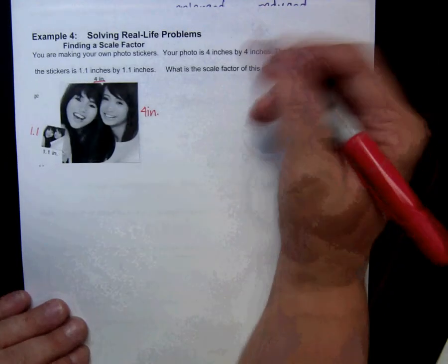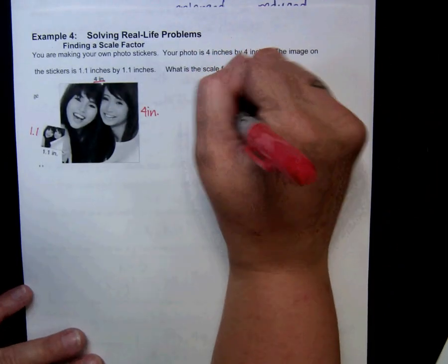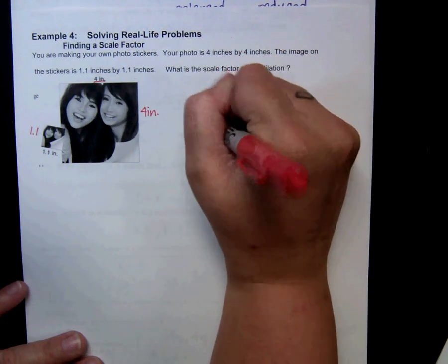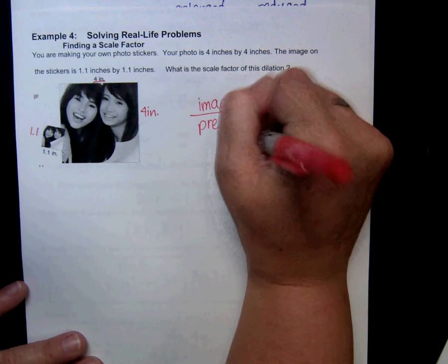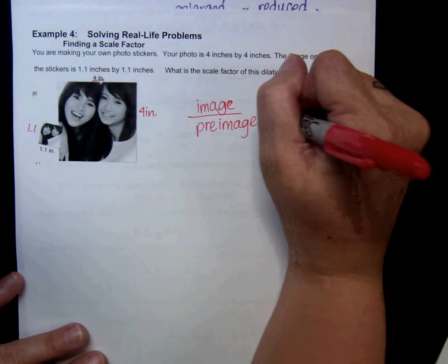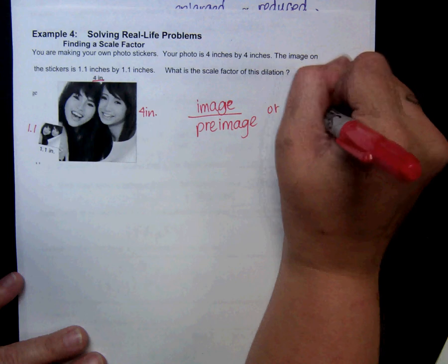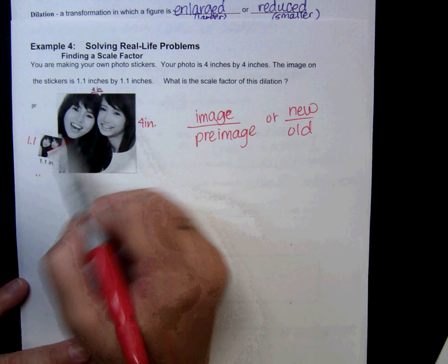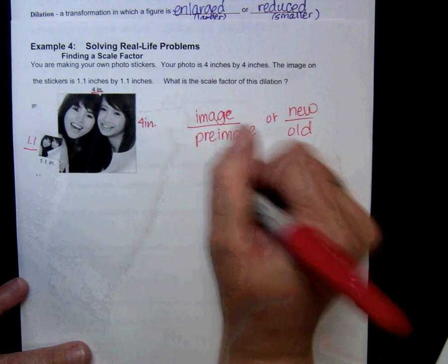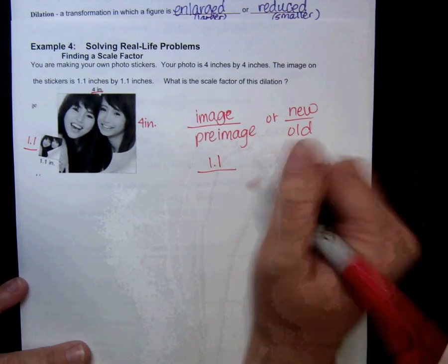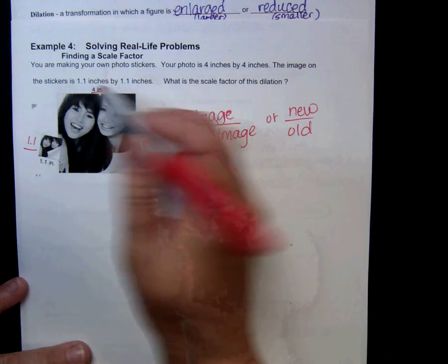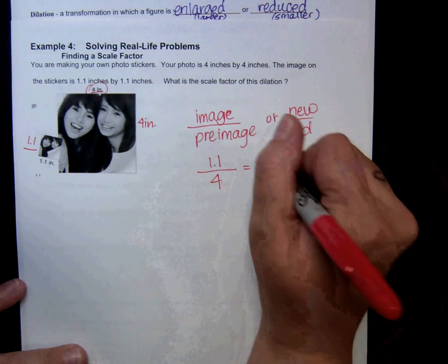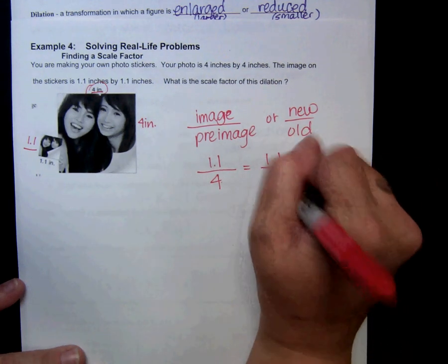So if we did our image, which is going to be what we're going to end up making, image over our pre-image, or you can think of it as new over old, either way, we would have, over here on our image, the one that we're going to create, 1.1 over 4, because that is what our actual one is, or our pre-image, and that doesn't reduce down, so our fraction and our scale factor on this one would be that.